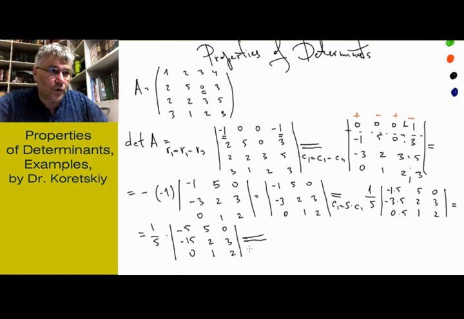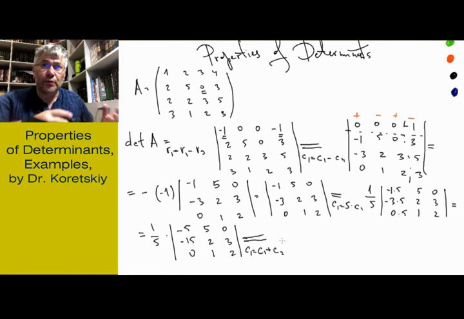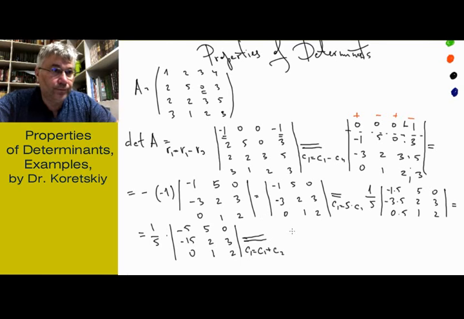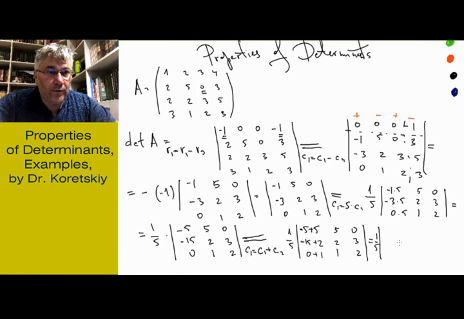If you add to column 1 column 2, you can see that we can subtract and add columns and rows, and we have 1 over 5 times minus 5 plus 5, minus 15 plus 2, 0 plus 1, 5 2 1 0 3 2, and we have here 0, 1 over 5, don't forget, 0, minus 15 plus 2 is minus 13, 1, 5 2 1 0 3 2.